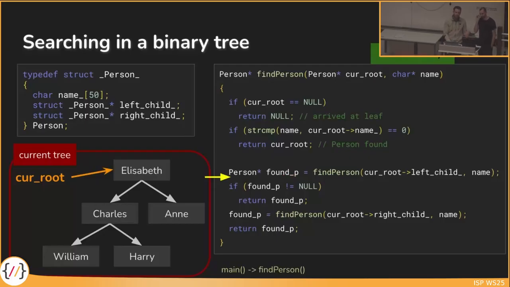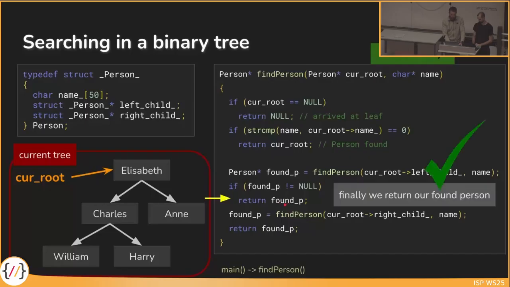If we wouldn't have found him, we would have got back null at this point, and then we would have had to perform the right side as well, which is not necessary because we got him back at the null check here, and then we do not need to perform the find person on the right side and return this pointer to Harry.